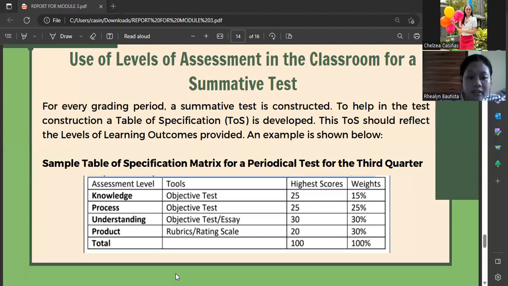So ang highest score is 25 for knowledge, 25 for process, 30 for understanding, and 20 for product. Yun yung highest scores nila. And ang weight nila sa knowledge is 15%, sa process is 25%, sa understanding is 30%, and sa product is 30%, with a total weight of 100%. Next.